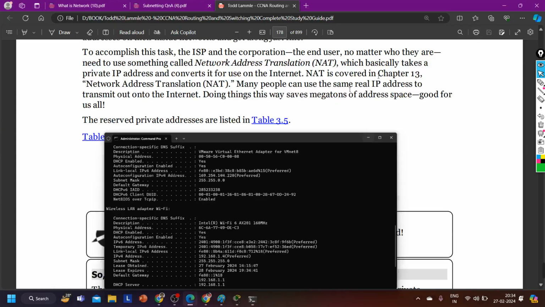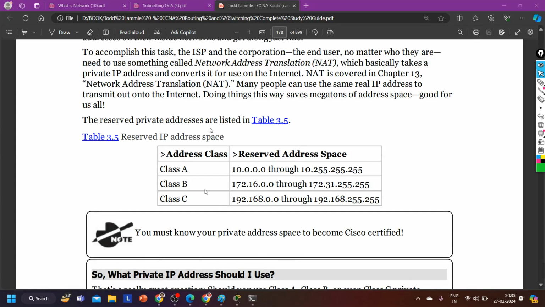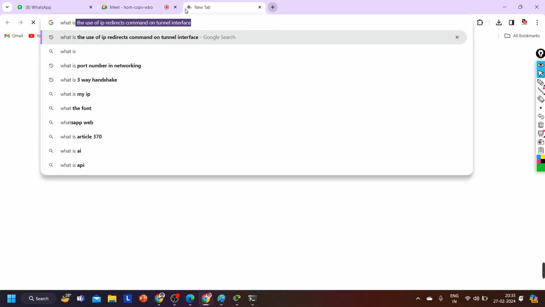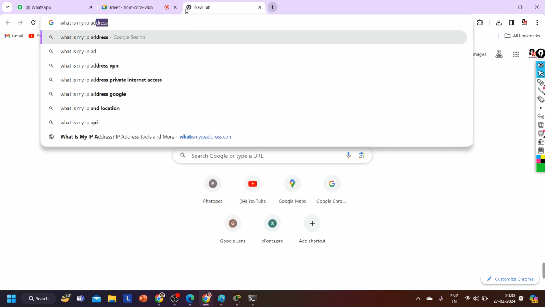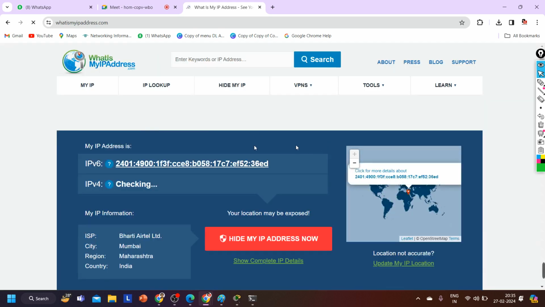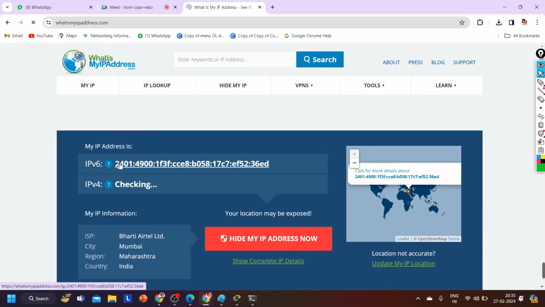If I want to check the public IP address that my ISP is using, simply in Google I can open one website. That website name is "What is my IP address". So see, my IPv6 address is this one.